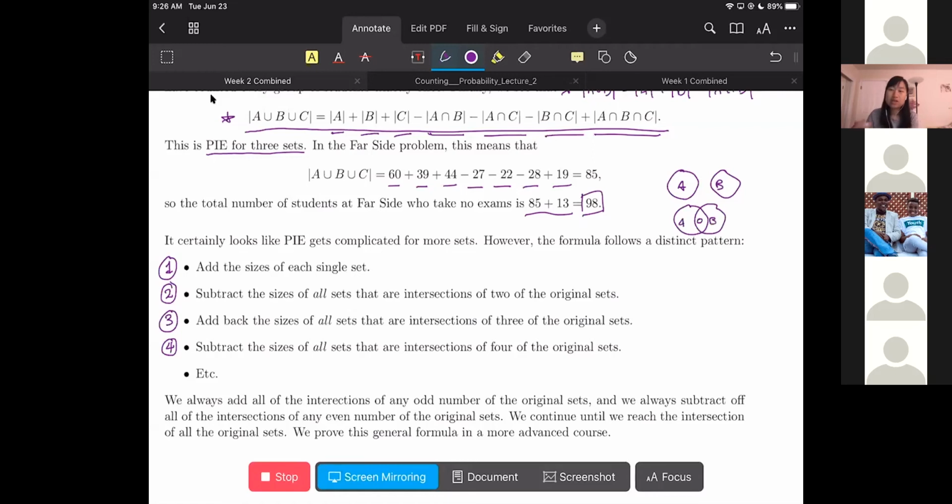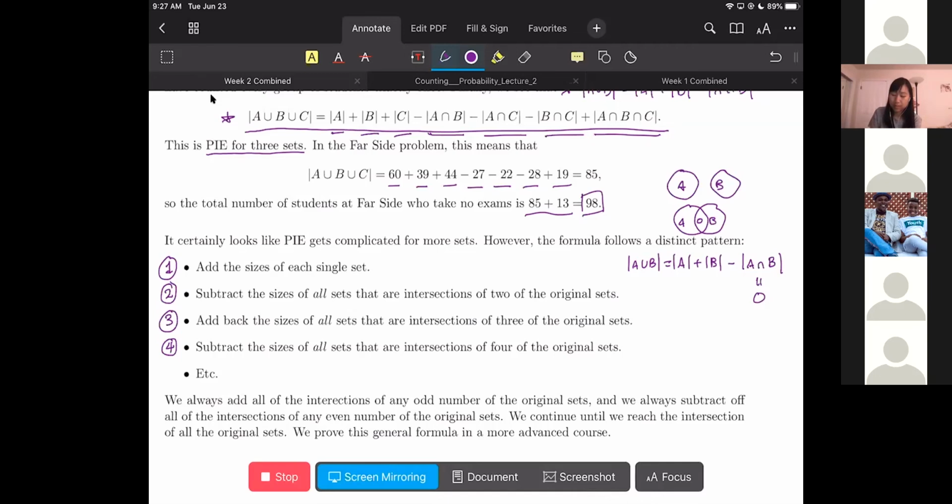And so PIE still applies, but you don't need to apply the formula because you can just directly add A and B. And so we could see that by saying, okay, A union B, again, equals size of set A plus size of set B minus the intersection. And so when the set is disjoint, what that means is the intersection is 0. So if it's disjoint, you can apply PIE, but basically it'll just give you 0 for that term.